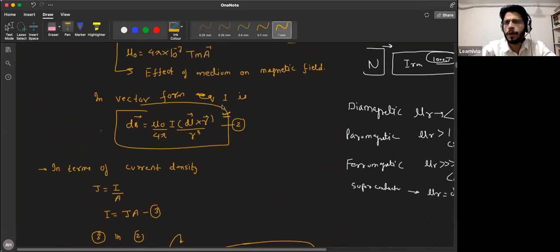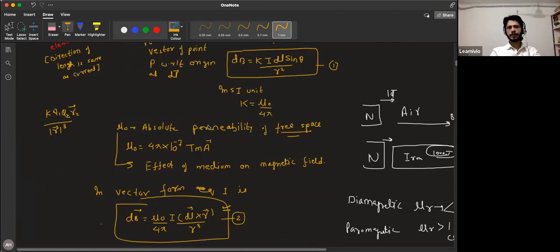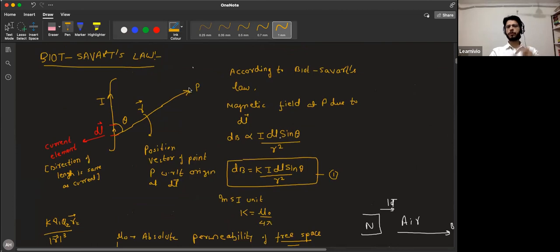It's mu naught by 4 pi, I dl cross r divided by r cube. This dl is the small current element. R is the position vector of the point at which you are calculating magnetic field with respect to this small dl element.